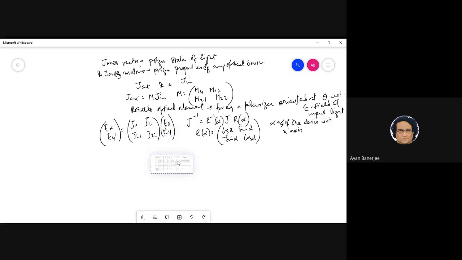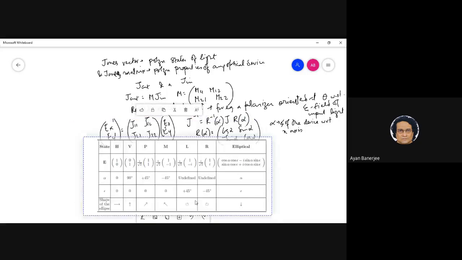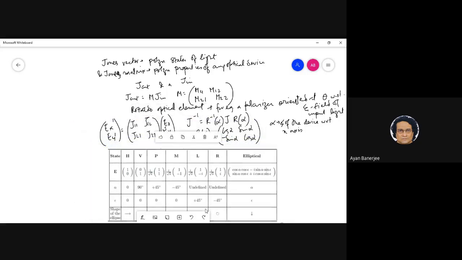So these are the basic stuff; most of you know this. So why does this factor come? This is a normalization factor.